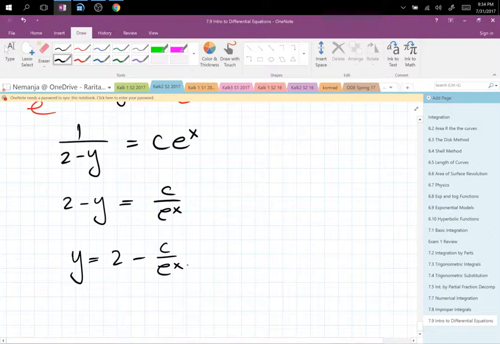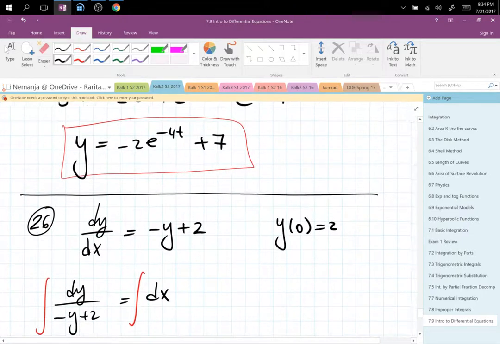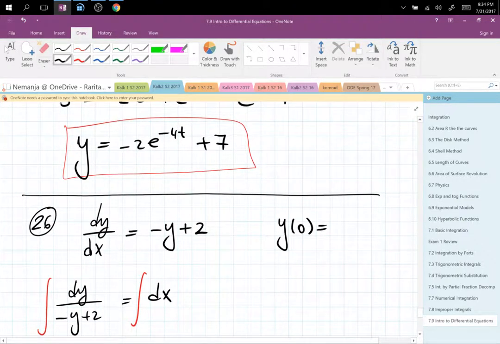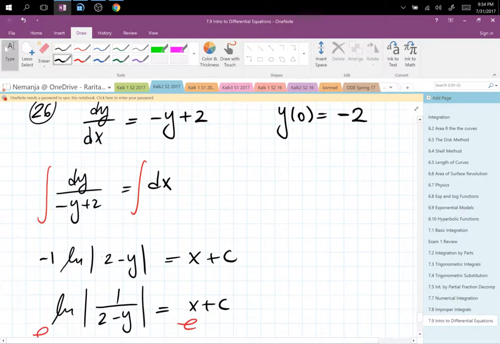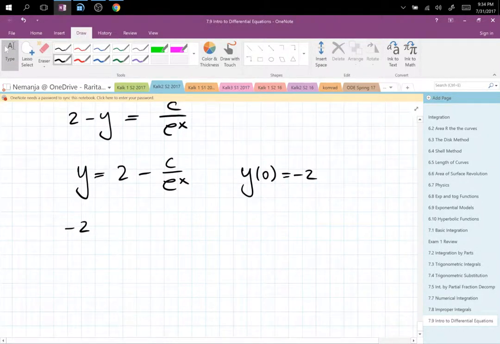With the initial condition, that's a negative 2 right there. It's also a negative 2 in the textbook. I'm working on problem 26, so it's a negative 2.